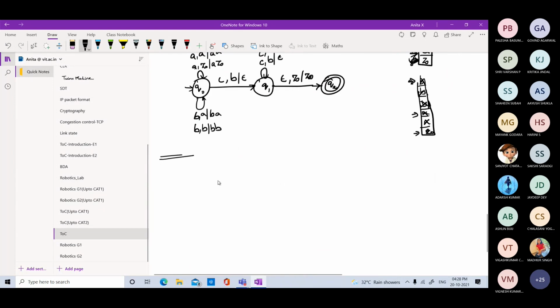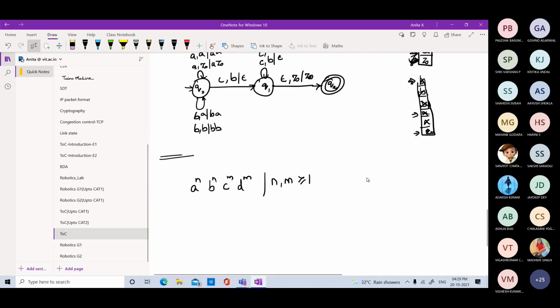Try designing the pushdown automata for this: a^n b^m c^n d^m.